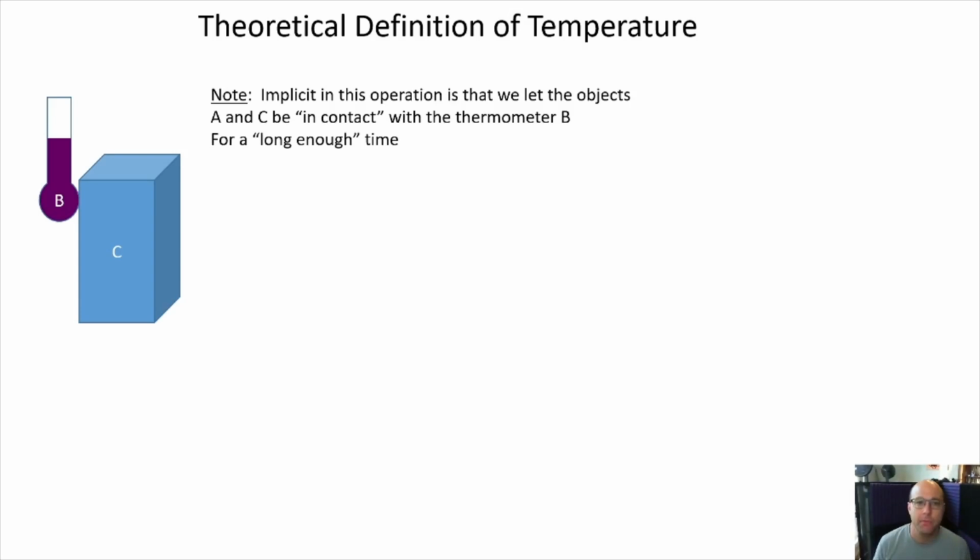This time, sort of using our experience with the operation of thermometers to push a little bit farther towards a theoretical definition. And remember, I said we have this implicit idea that to measure a temperature, you need to let the thermometer be in contact with the thing you're trying to measure for a long enough time.